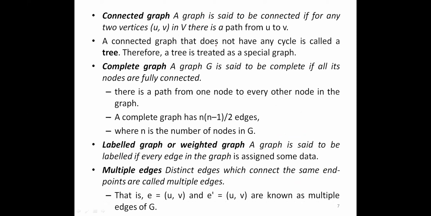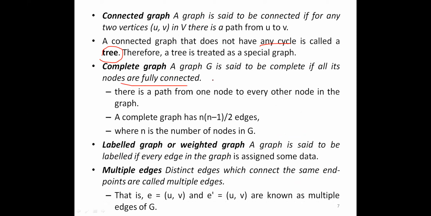And a connected graph that does not have any cycle is called a tree. Next, complete graph. A graph G is said to be complete if all its nodes are fully connected.